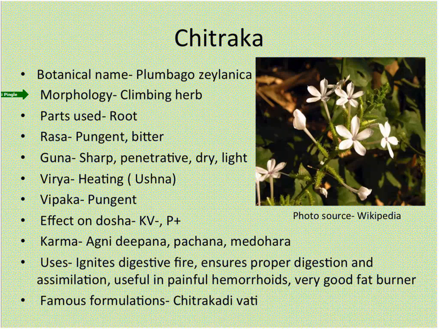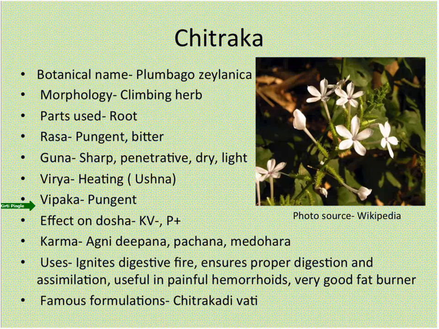Morphologically, this is also a climbing type of herb, and the part used is the root. Rasa is pungent and bitter, and its gunas are sharp and penetrative in nature. It is very dry and light. Its virya is heating, ushna in nature, and vipak is pungent.